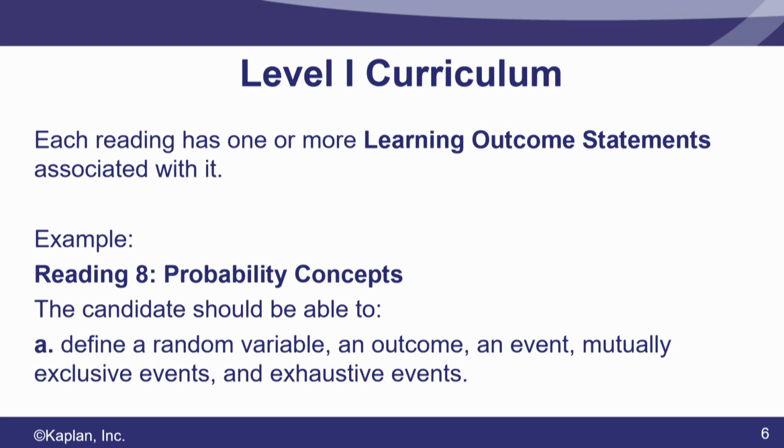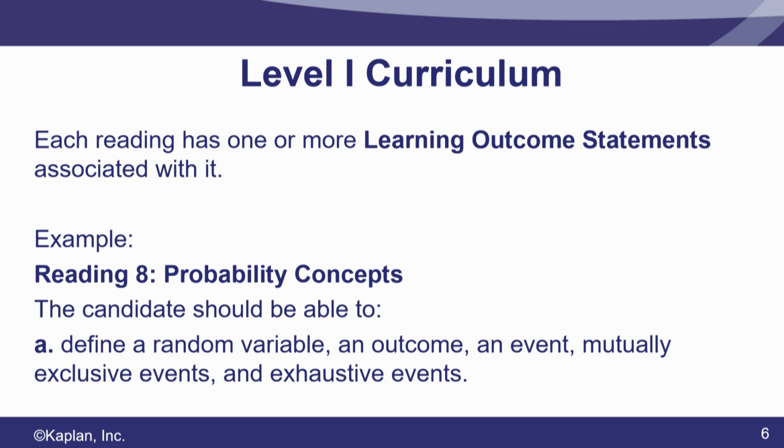So each of these readings has one or more, as I mentioned, learning outcome statements. So let's dive down into Reading 8, Probability Concepts, and take a look at what a learning outcome statement looks like. Well, LOS-A here for Reading 8 is define a random variable, an outcome, an event, mutually exclusive events, and exhaustive events.